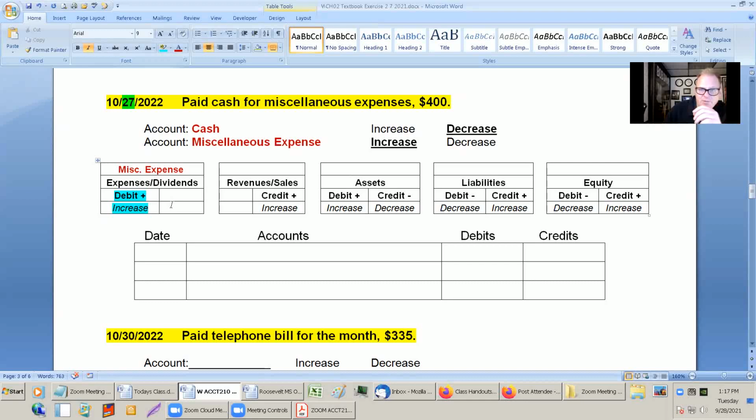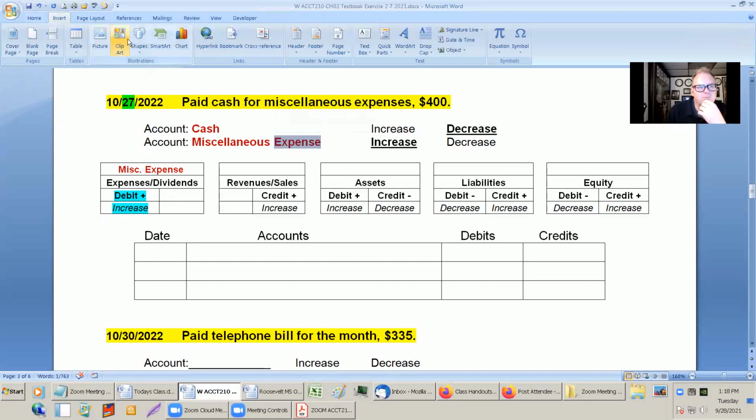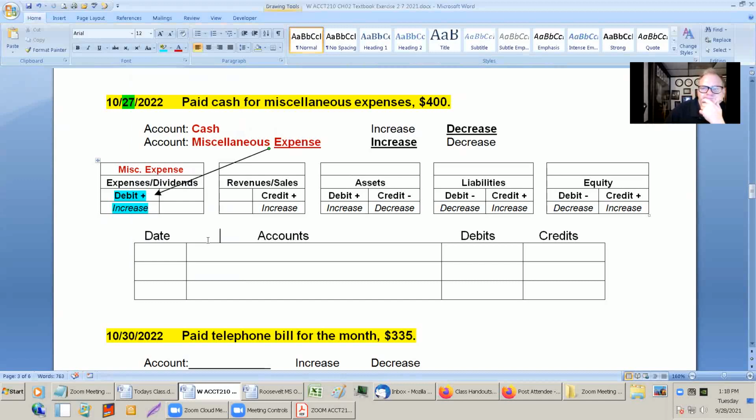Whatever's on the other side, it's got to be a credit. So whenever you run into an expense, it's a debit. You don't have to look it up.